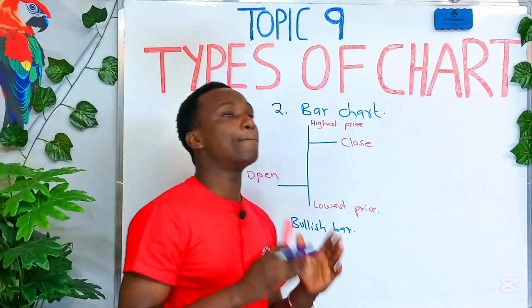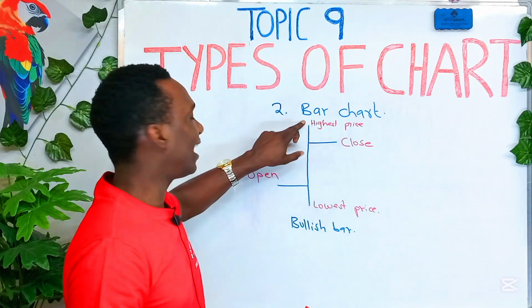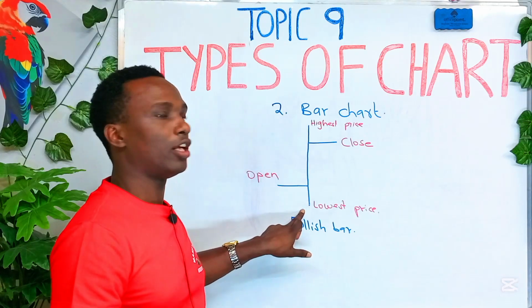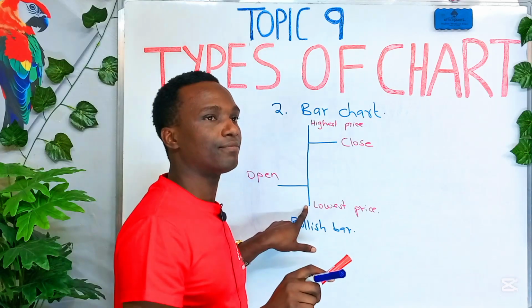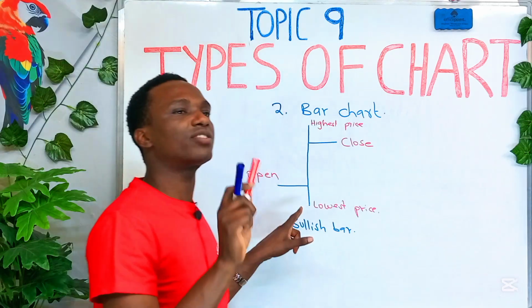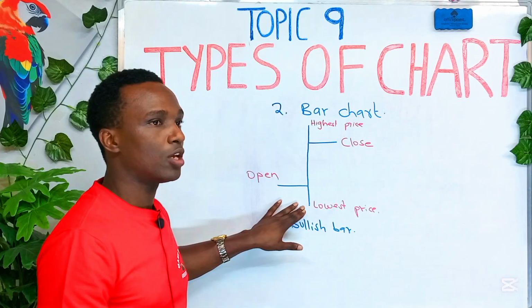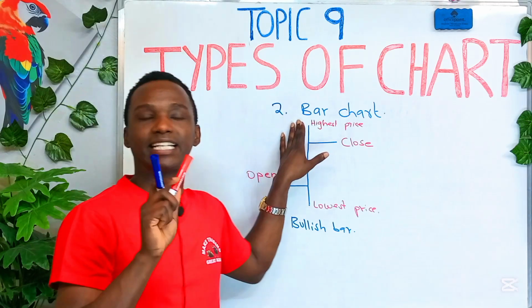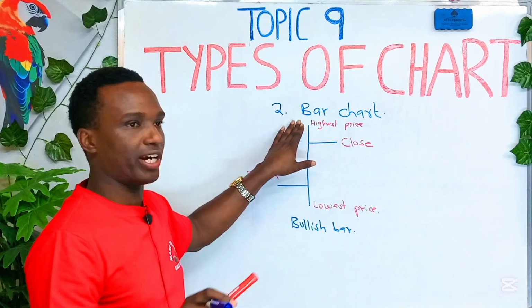So a bar chart also shows price highs and lows. The bottom of the vertical bar here indicates the lowest traded price for that time period. What about the top of the bar? The top of the bar indicates the highest price traded.